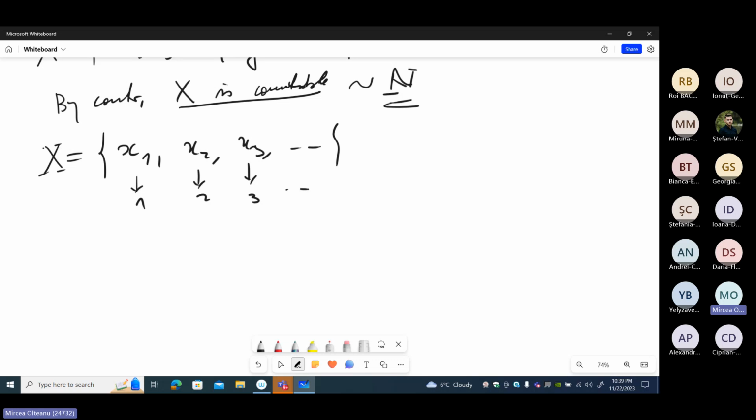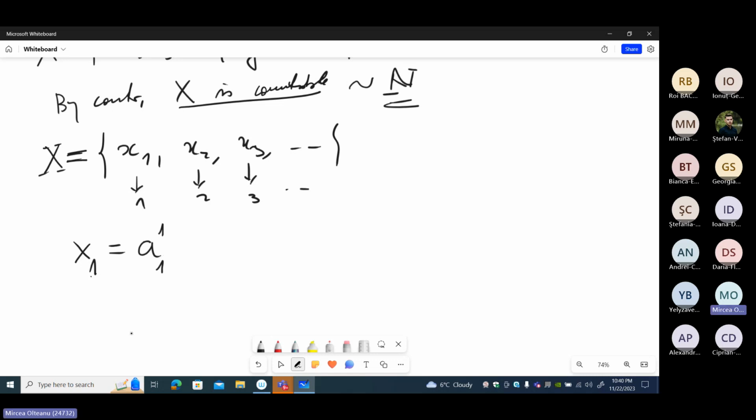Nobody is missing. So the set X equals... Now, who is x1? x1 must be an element of X. The elements of X are sequences of 0 and 1. So here I need to write a sequence of 0 and 1. I shall use two indexes: below, the fact that this is a symbol in x1, and above, its position.